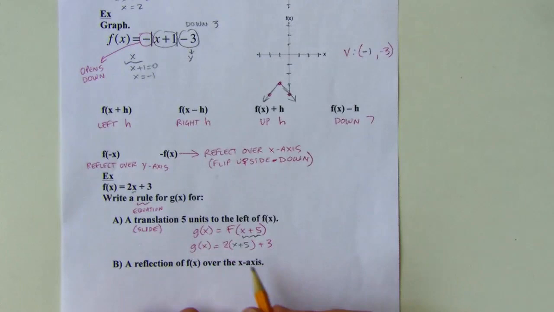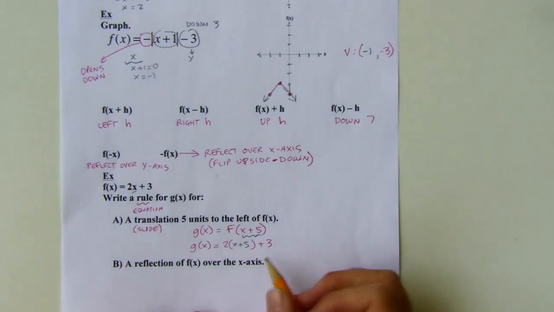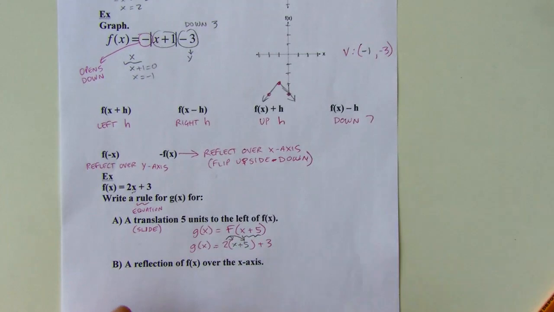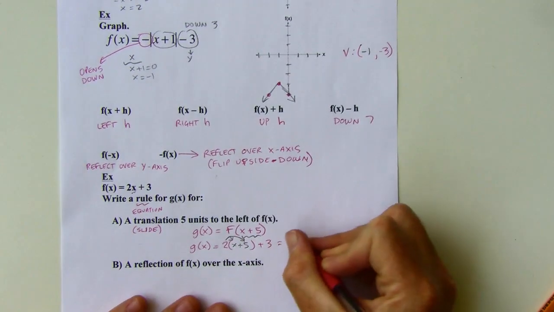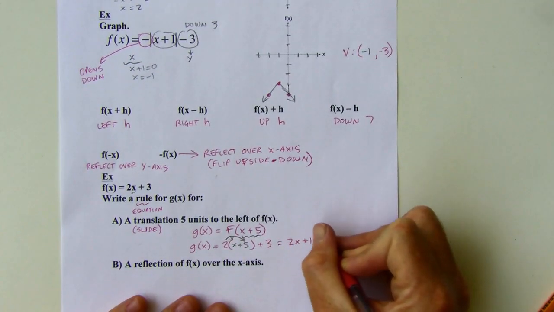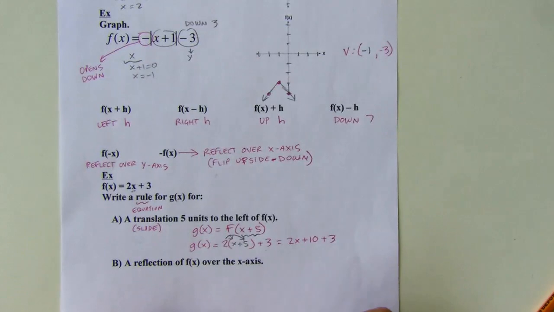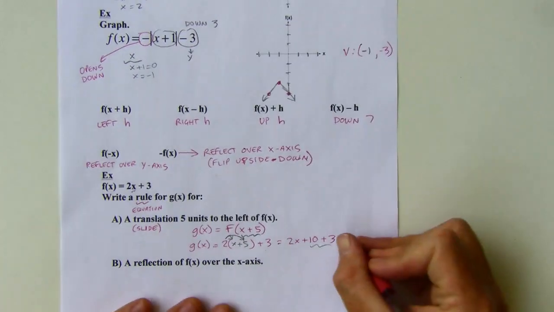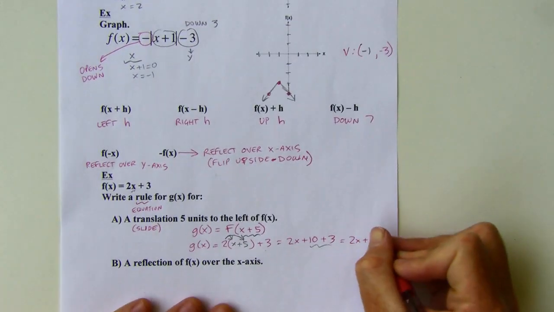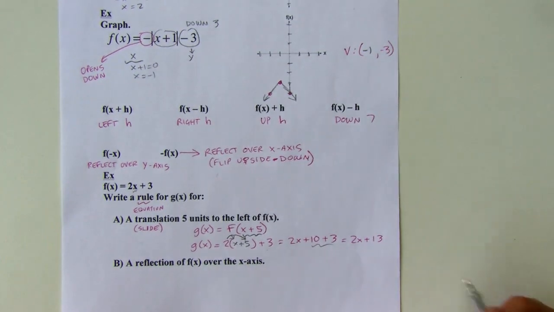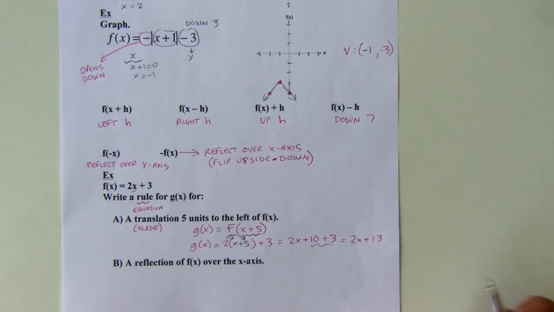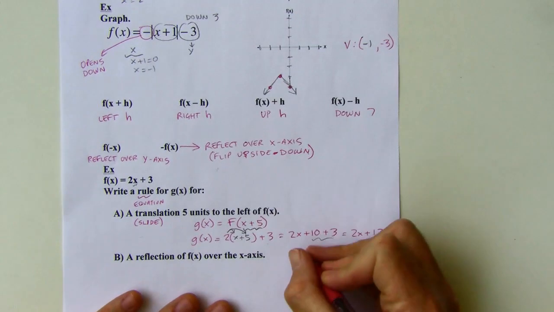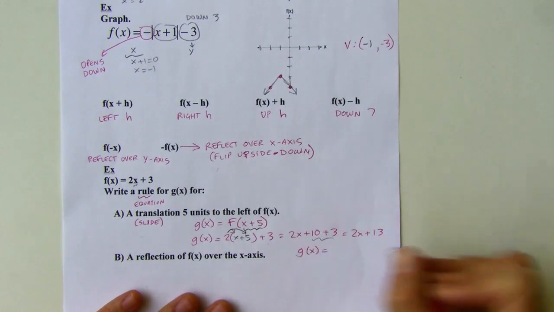And now I still want to simplify this. I'm running out of space, so I'm going to have to move to the right here. But I want to distribute the 2. And I've still got the plus 3 on the end there. And then I want to combine these. So if you just said the answer is 2x plus 13, I'd probably accept that, but we really want to write a rule, which means you really want g of x equals 2x plus 13.